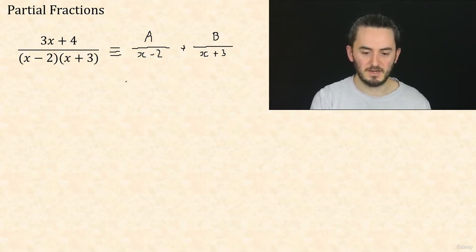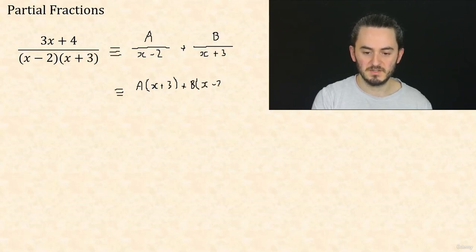So let's go ahead and find this. If I add these two together, here's what I get: A times x plus 3 plus B times x minus 2, and all of that is divided by x minus 2, x plus 3.